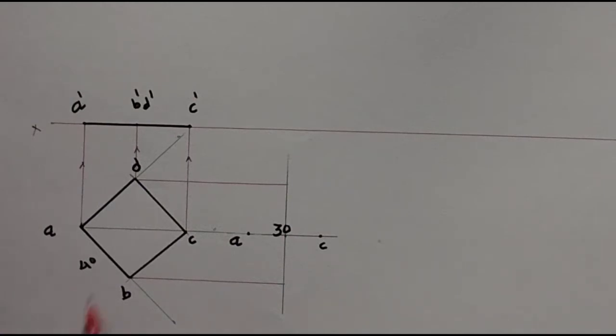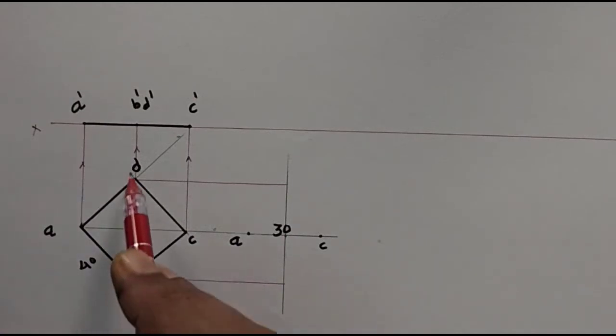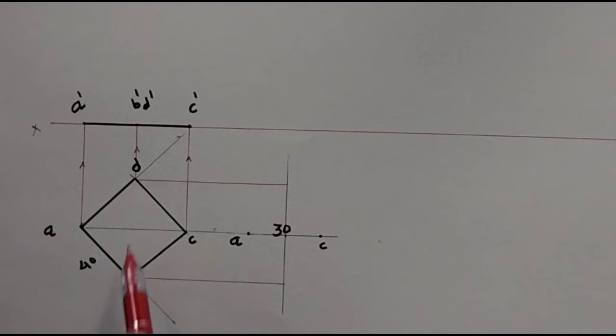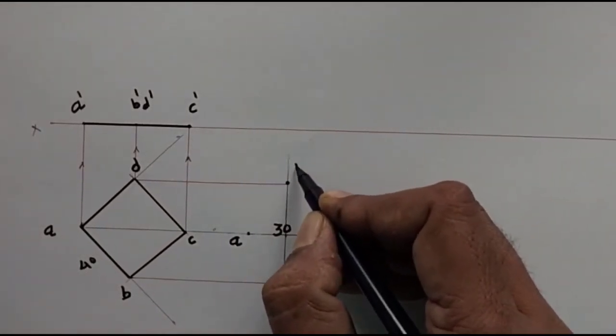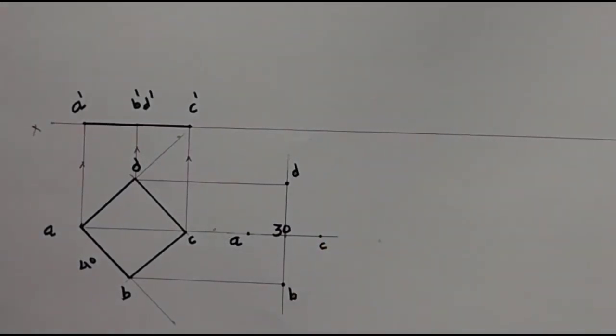So there is no change in its length. BD diagonal maintains the true length. So this is my corner B, this corner D, because for a line perpendicular to VP, the top view is always true length.